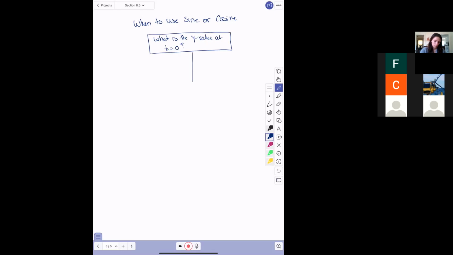Then there's two options. It's either the max or a minimum, so a peak, or it's at the midline.